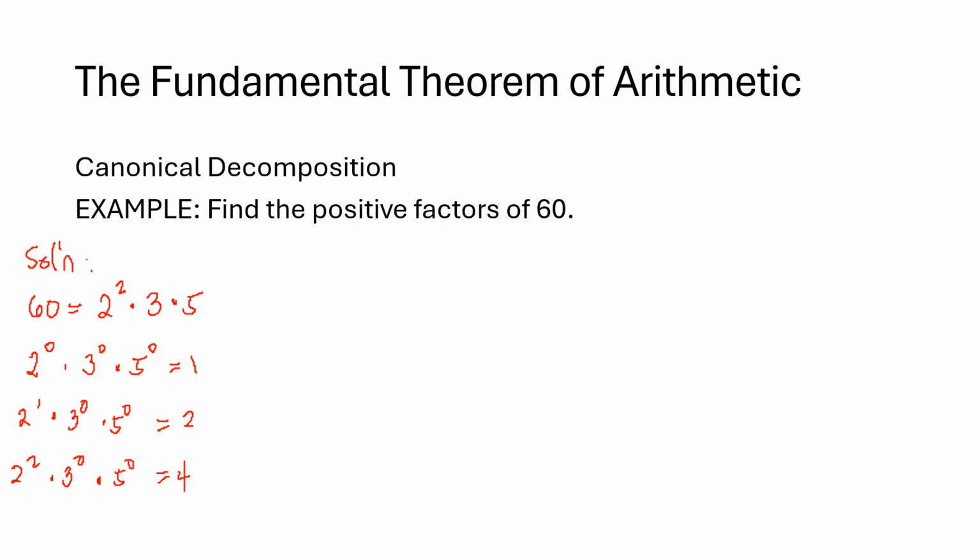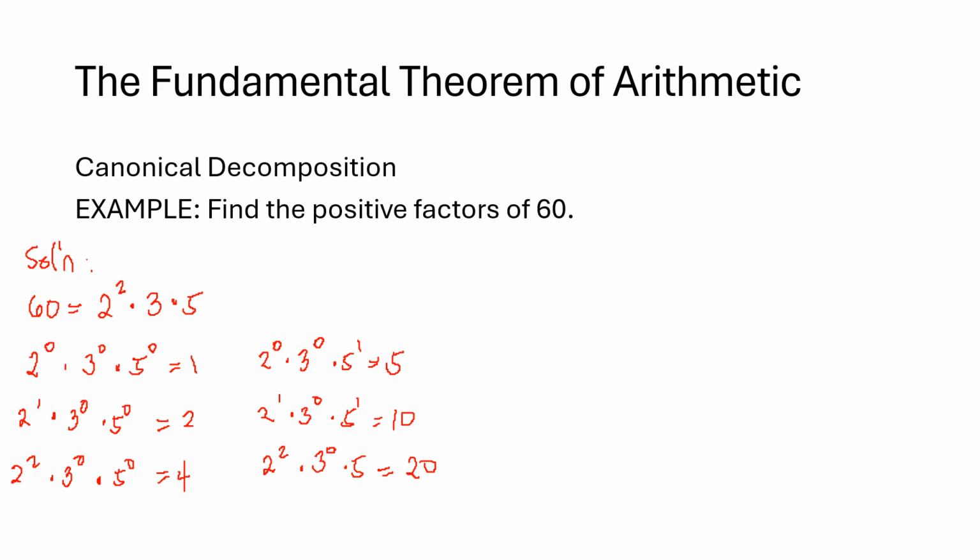Then 2 raised to 0 times 3 raised to 0 times 5 raised to 1, which is equal to 5. And then 2 raised to 1 times 3 raised to 0 times 5 raised to 1, which is equal to 10. And then 2 raised to 2 times 3 raised to 0 times 5 raised to 1, which is equal to 20.